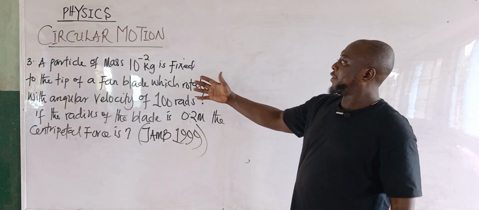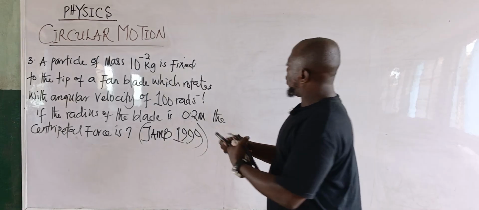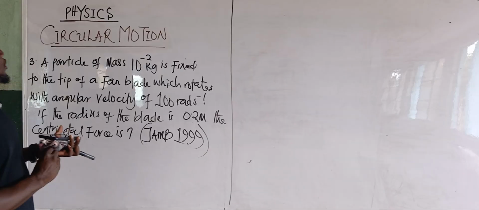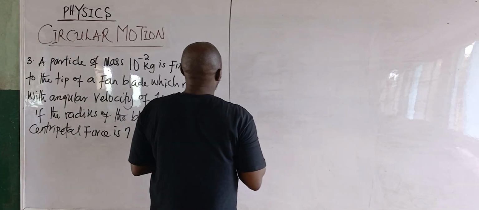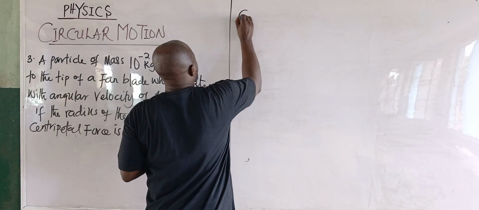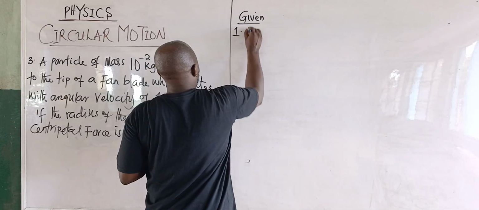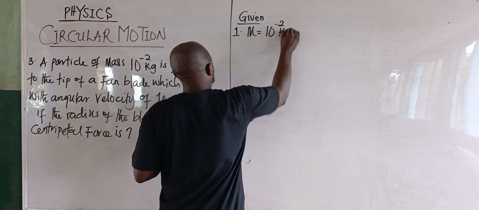So here is number 3 question in circular motion. So what do we know to do here? We are told that a particle of this mass, so mass has been given. The mass is given to be 10 raised to the power of this kg.